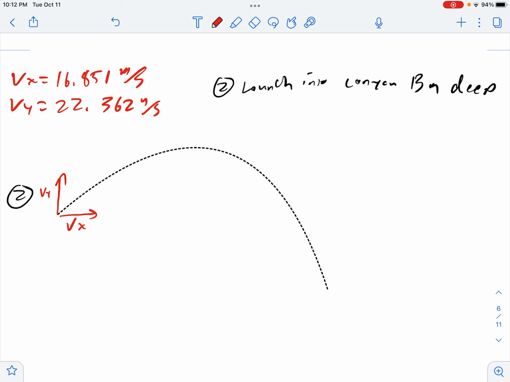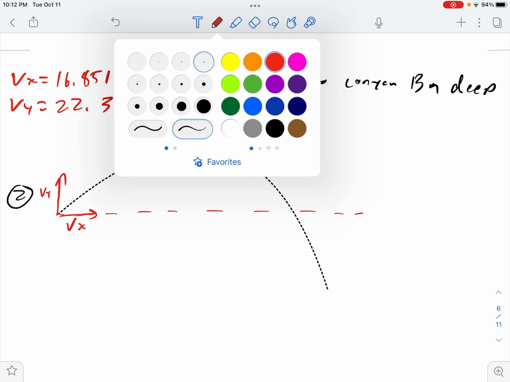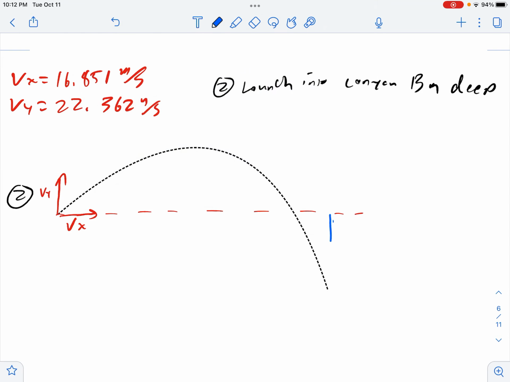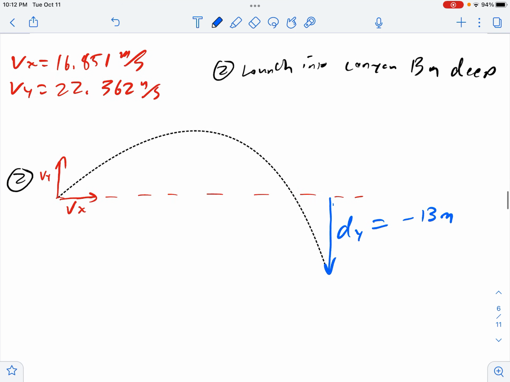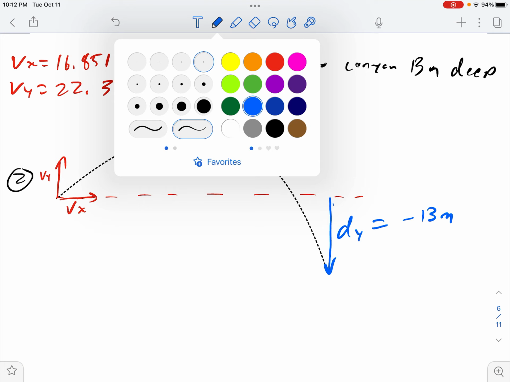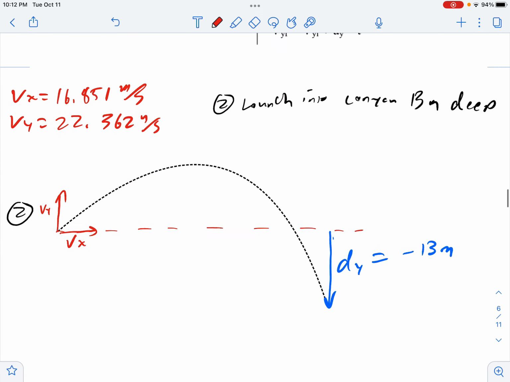But the hitch now is that the projectile is going to land some distance below where we launch it. So now my dy, we said this would be negative 13 meters below where we launch. Same basic approach. I've got my components.